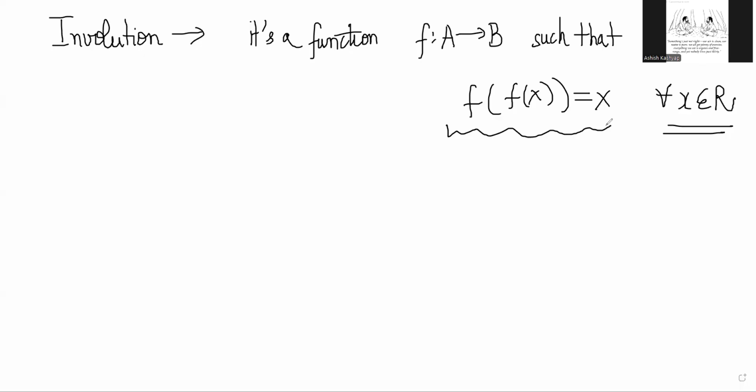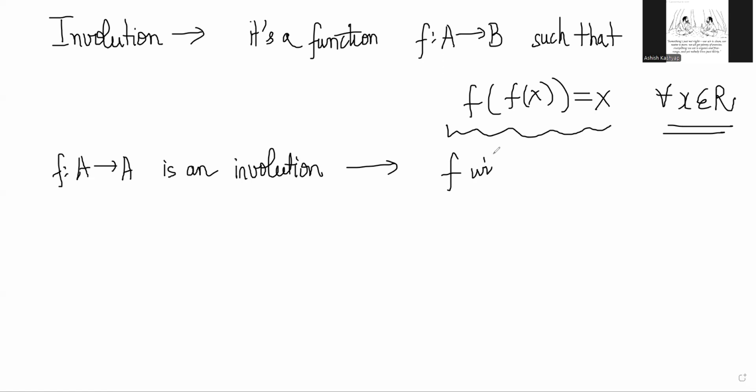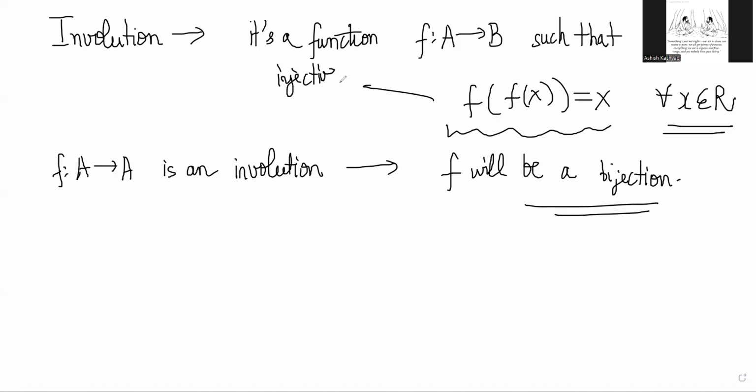Now remember that if you have f of A to A is an involution, technically f will also be a bijection also, because this condition implies injective and surjective.